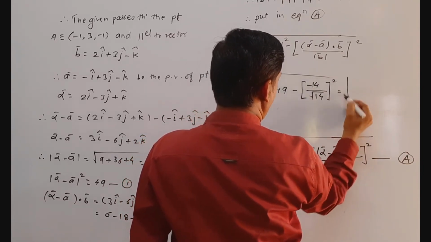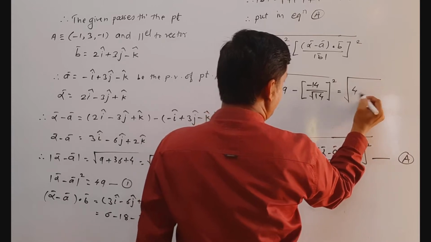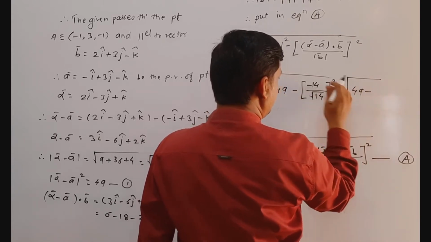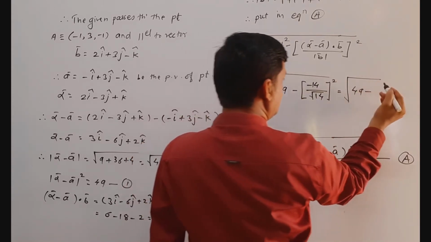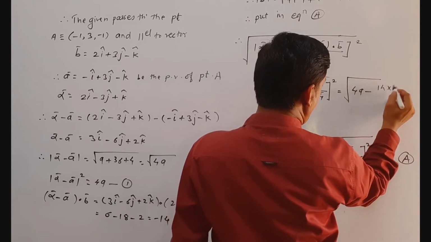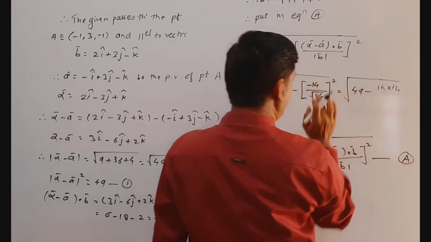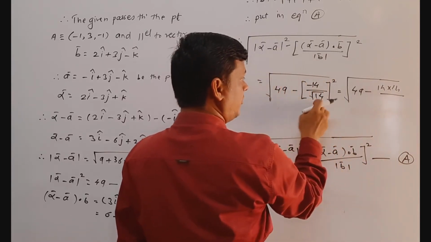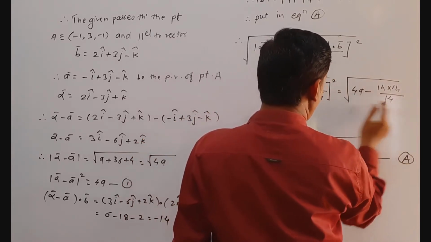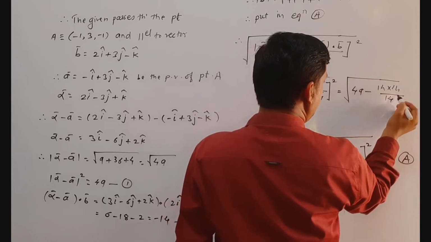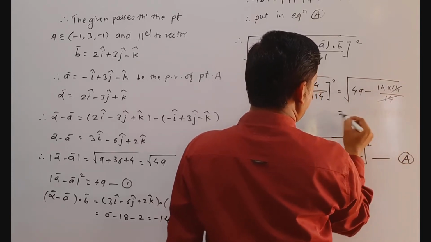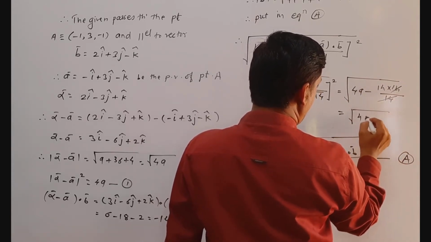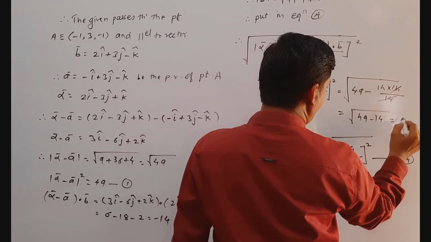Now we have to write 49 as it is minus square of 14, so we write here plus 14 into plus 14, we know that square is always positive, upon this square of root 14, we write 14 because square and square root get cancelled. So this 14 gets cancelled. We get here 9 minus 14.